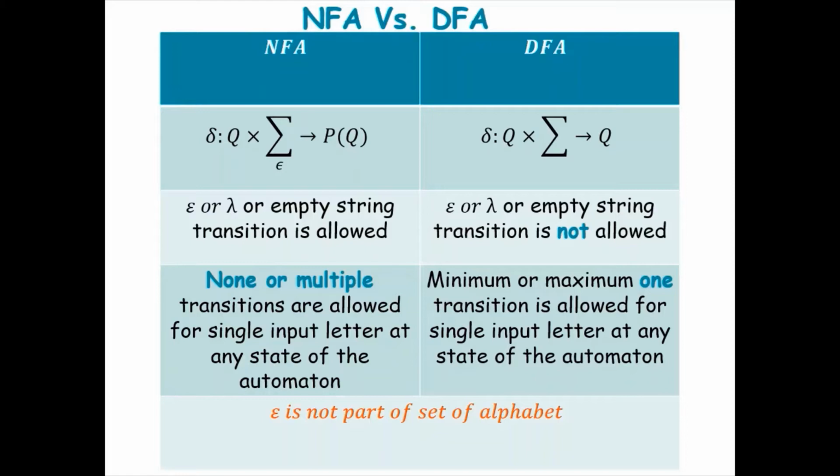The second difference is that for a single input letter, none or multiple transitions are allowed at any state of NFA. Whereas in case of DFA, exactly one transition is allowed for a single input letter at any state. Keep in mind that epsilon is not part of the set of alphabet.